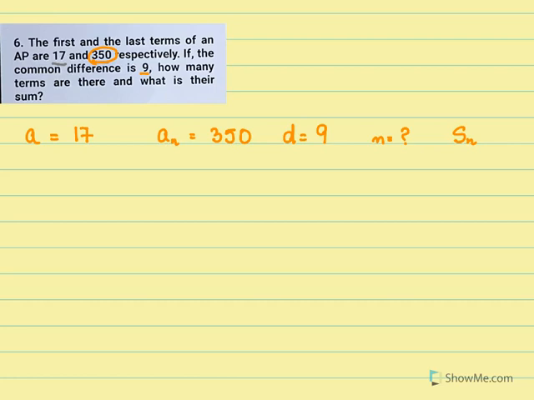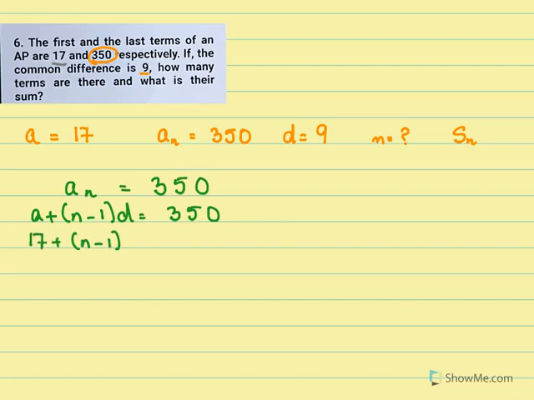So Sn. So we start with An. It's given to us that An is 350 and we know the formula for An is A plus (n minus 1) d equal to 350. Put your values. Your A is 17, n minus 1, the d we know is 9, here it's given equal to 350, and now you need to solve this.